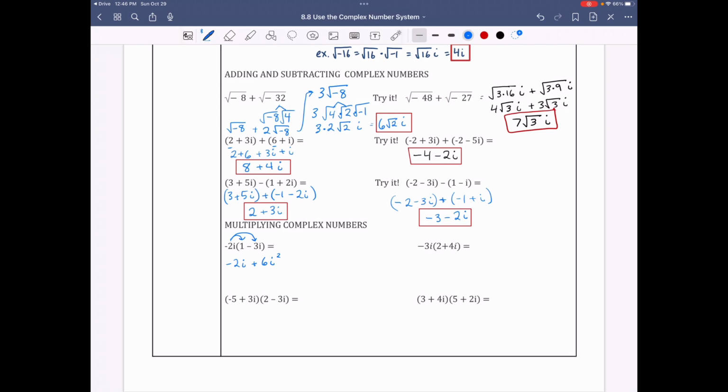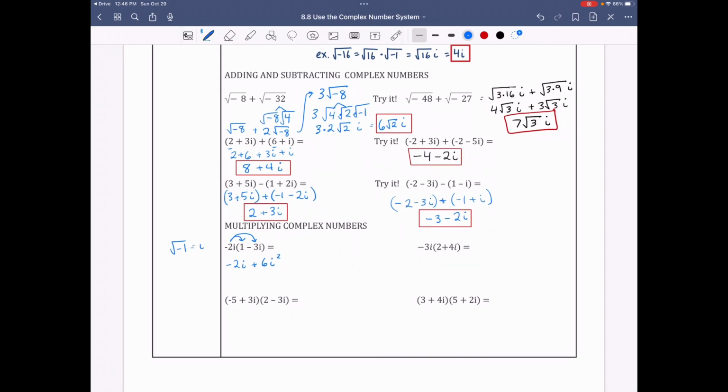Well, let's think about i is equal to the square root of -1, but i squared is the same as the square root of -1 times the square root of -1. But we can just simplify that to -1 because the square root of something times itself is itself.